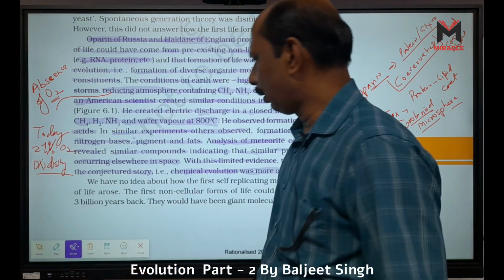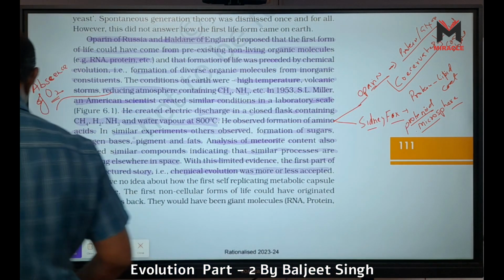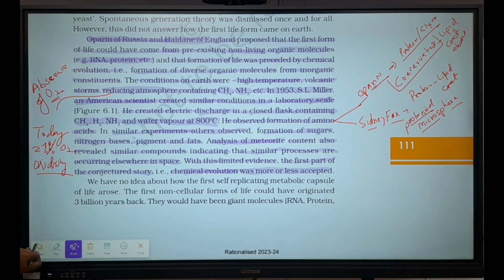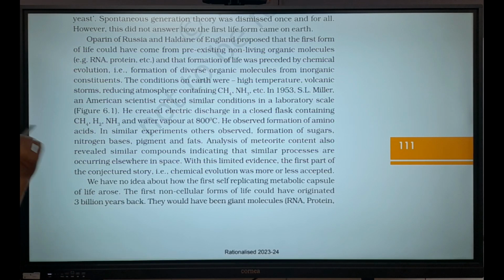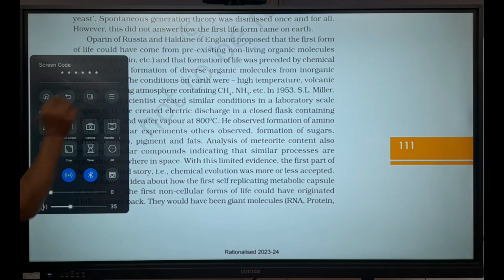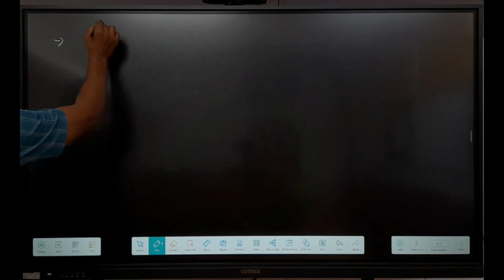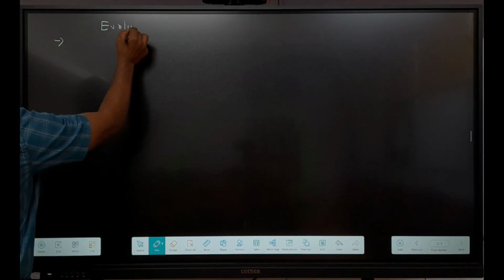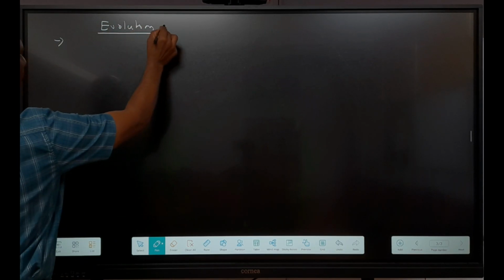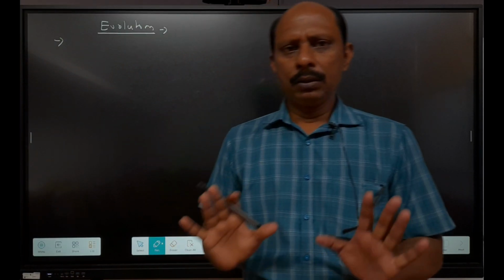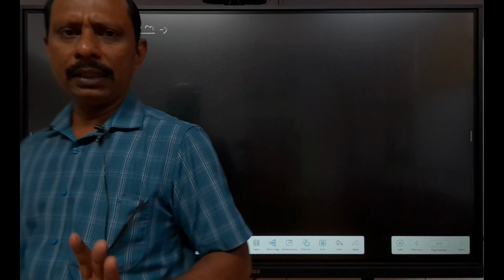So what is the chemical theory? Here I am going to tell you about evolution. When we consider evolution, we have two stages. Simply we can say two stages.